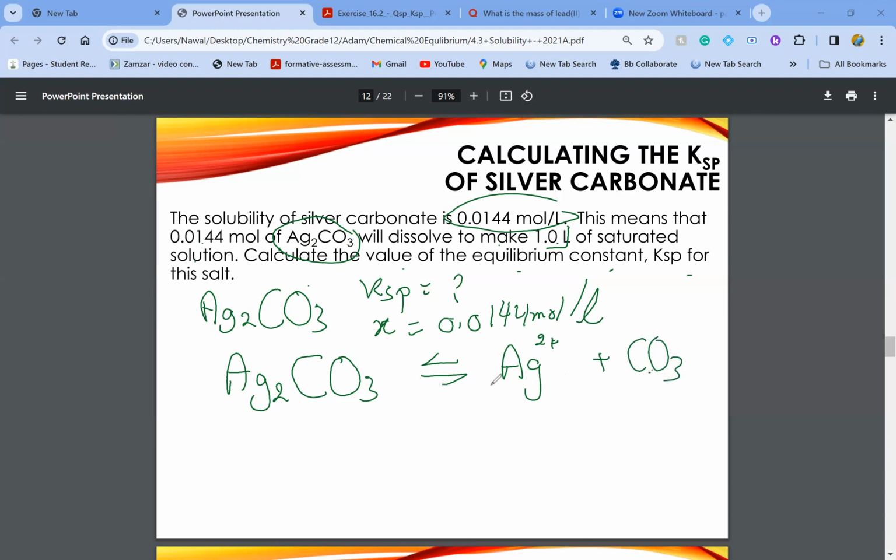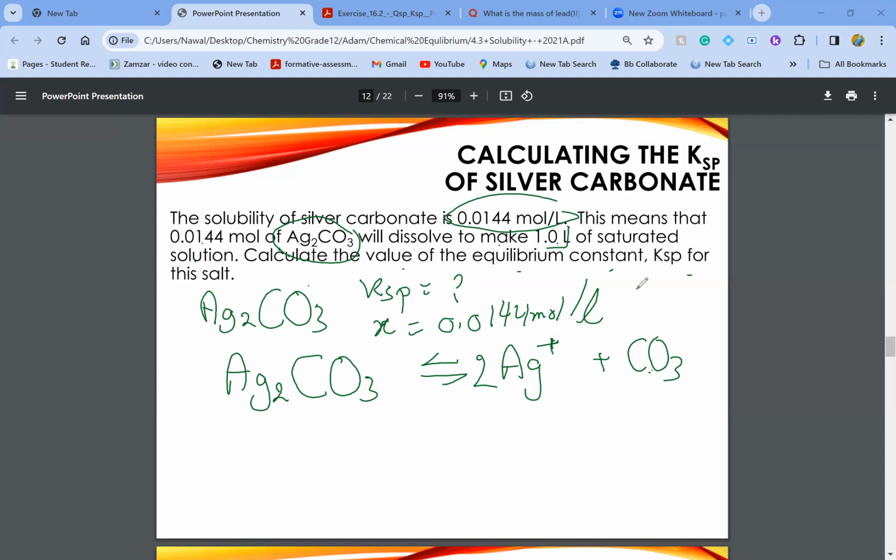Is this correct? No, I mean put the 2 in front of the Ag. Okay, so that's what I mean, balance. So the balance, you mean? Yeah. And what about the carbonate? What's the charge of carbonate?